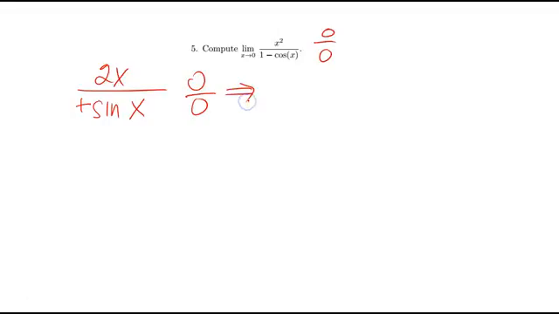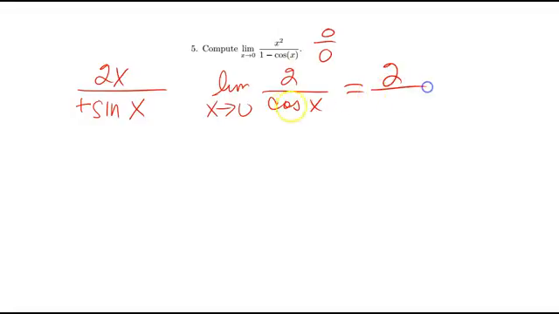I have to do it one more time. Derivative of the top is 2. Derivative of sine is cosine. So now if I compute the limit as x goes to 0, the cosine of 0 is 1. It's 2.